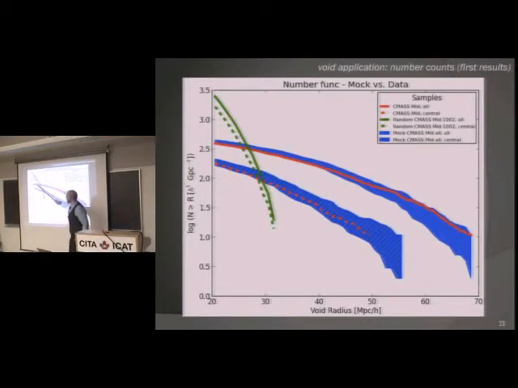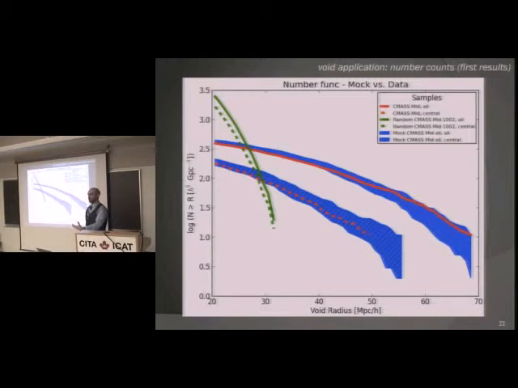Here, the red line is all voids, even ones near the edges. The dotted line is the central voids. And in blue is from 100 mock catalogs from Manera et al. 2012.